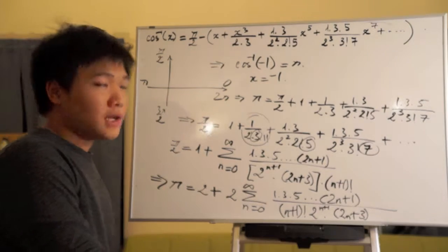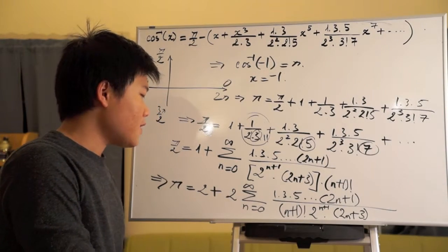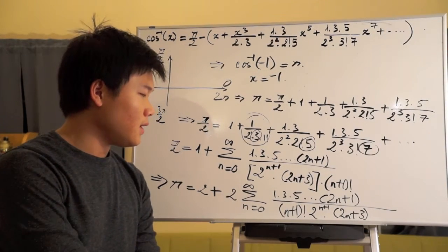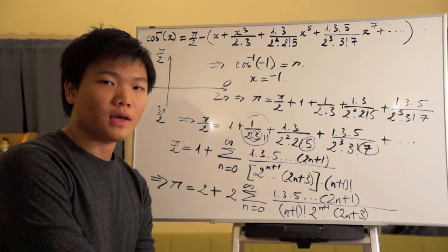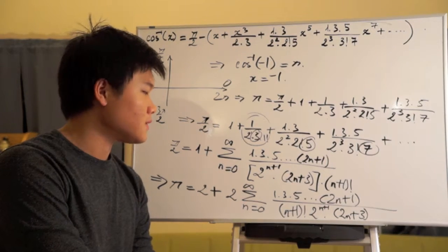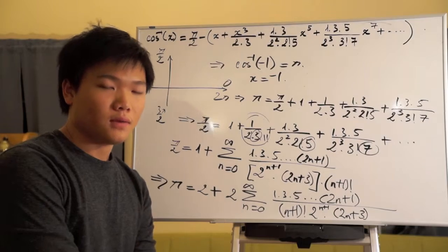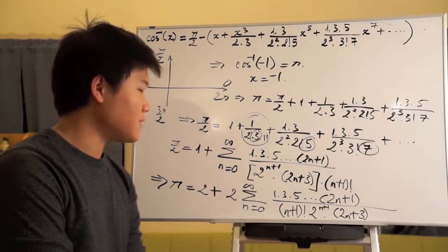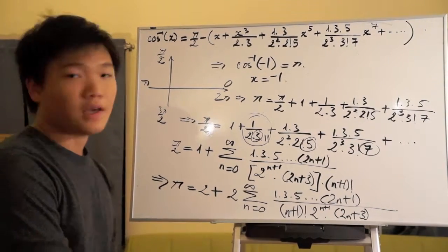So in the next video we will discuss how to estimate and calculate the errors, as well as compare the accuracy between the two series that we developed for the value of pi. Thank you very much.